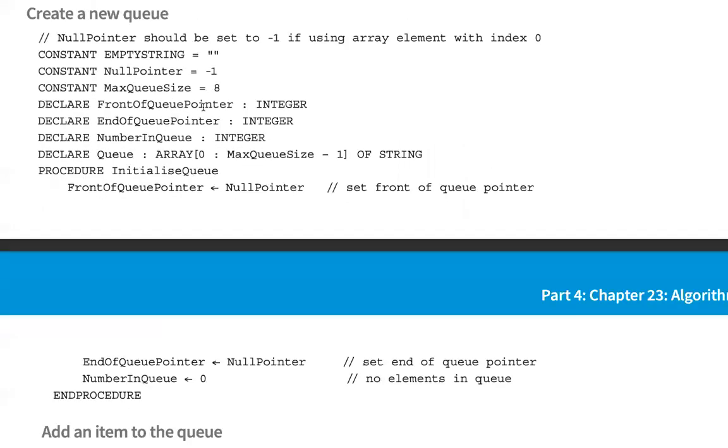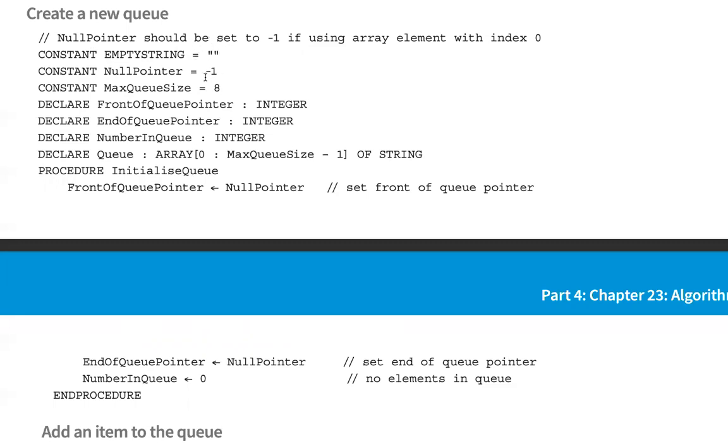But first of all, before looking at the procedures, we need to see how the queue is initialized. So for example, as before when we were working with the stack, similar concept here. I have three constants: empty string, null pointer, and max queue size. As before, empty string will be assigned an empty string.